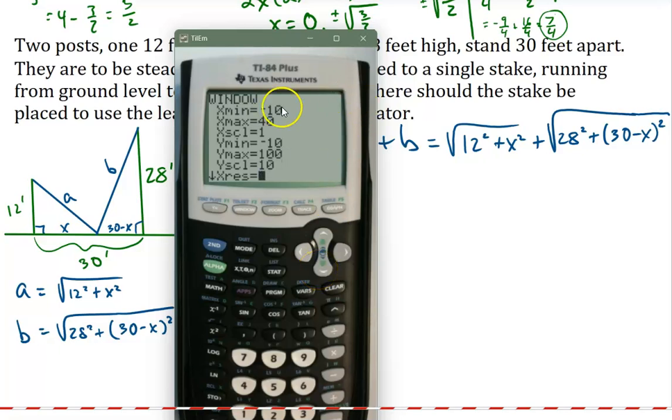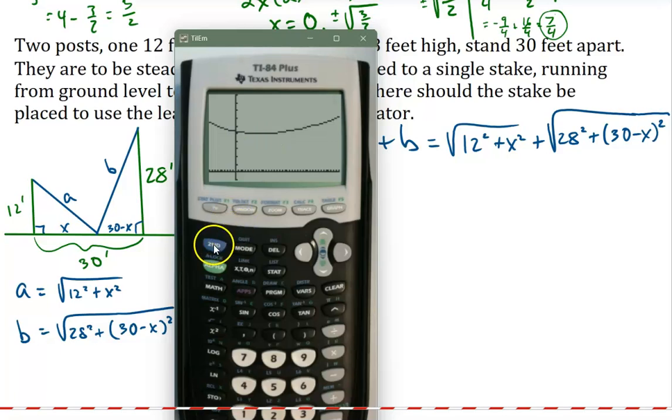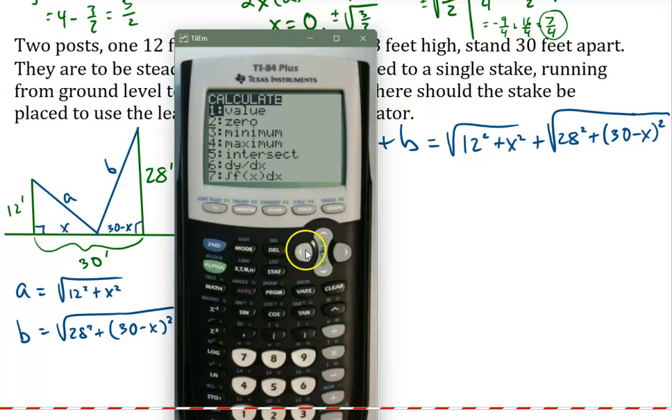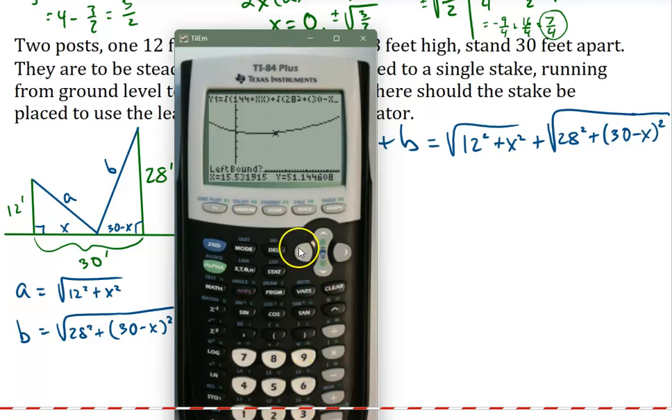Also, if you have any kind of function where it's going to graph slow, change your x resolution to like a 2 or a 3 and it will graph a lot faster. Okay, let's try this. Oh, we can see it. Okay, perfect. So it looks like we're going to have a minimum right in here. So let's go ahead and calculate that. Minimum.